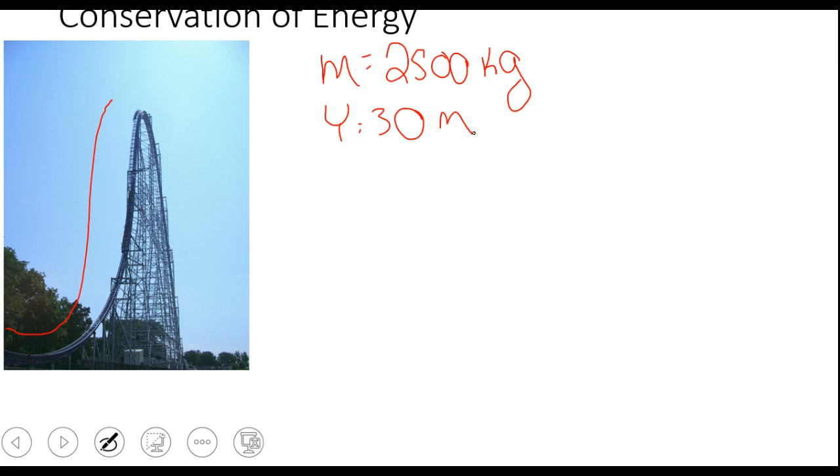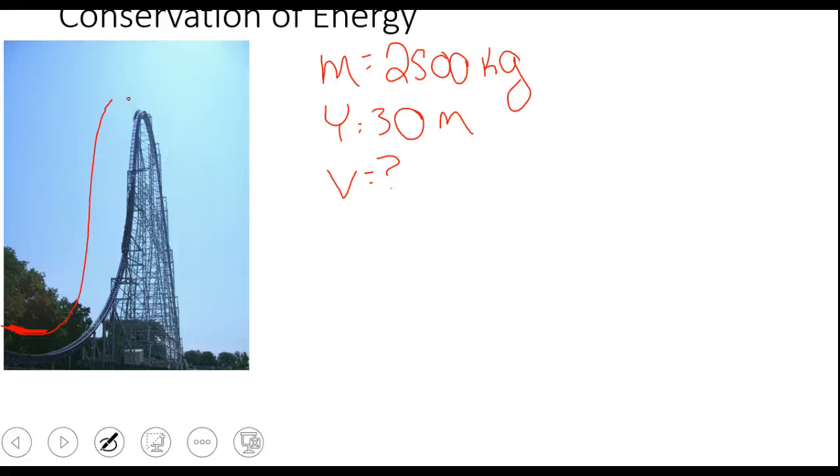Okay. And I want to know how fast this cart needs to go in order to just barely make it to the top of that hill. So how fast does the cart need to be going down here to make it just to the top of that hill with a 100% energy conversion?